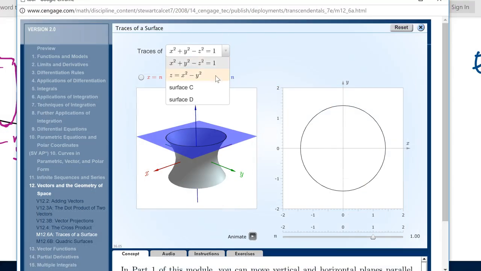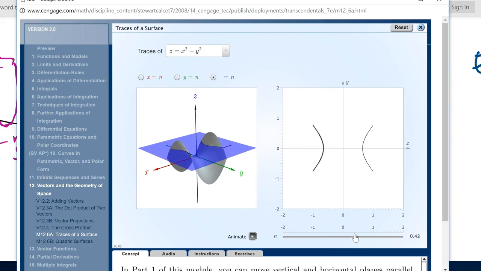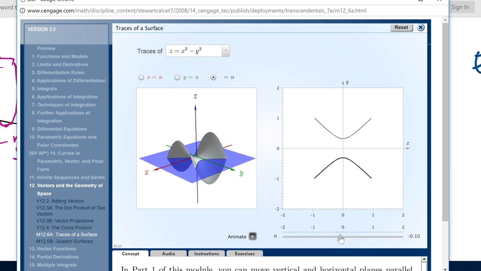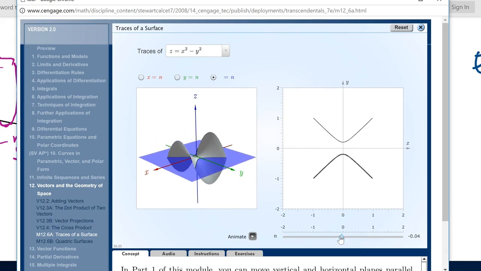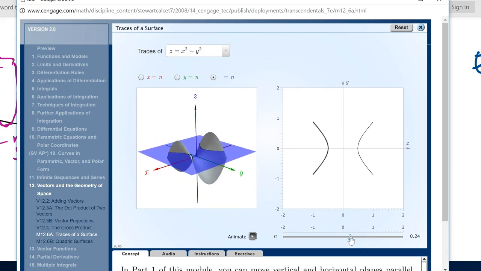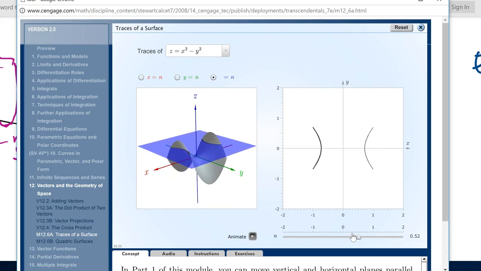The traces you can do of this hyperbolic paraboloid. So if you look, I'm taking planes and I'm moving them down, and we get different hyperbolas as we go down. These are the traces in the z, horizontal direction.